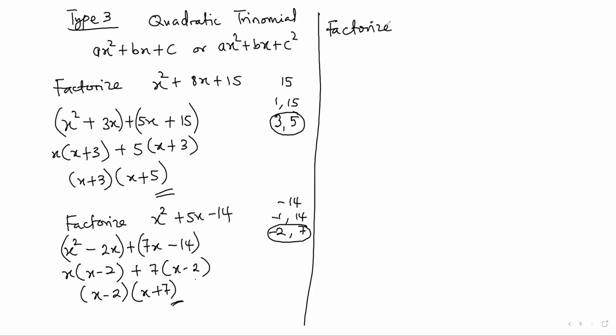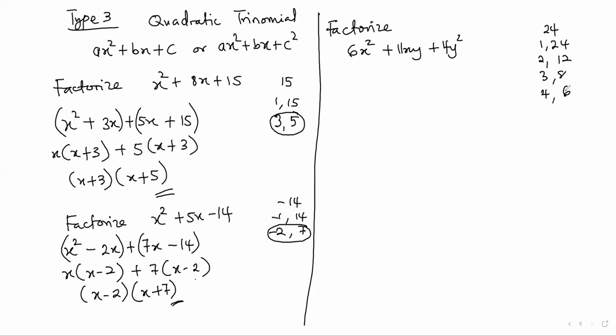We have to factorize 6x squared plus 11xy plus 4y squared. So once again, the 6 will multiply the 4. And if 6 multiplies 4, we get 24. And factors of 24, we have 1 and 24, 2 and 12, we have 3 and 8, we have 4 and 6.